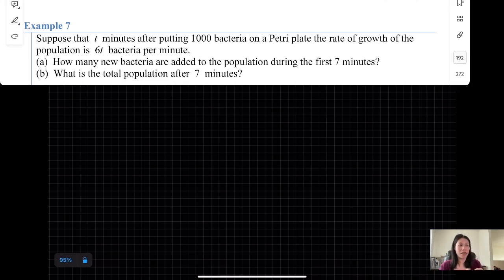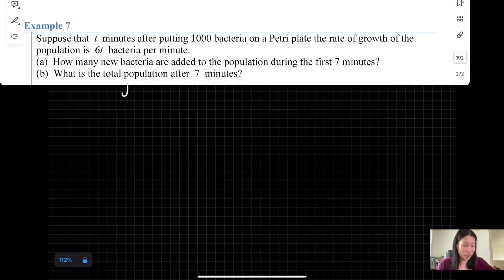Well, the number of new bacteria is the area under the rate of growth, the derivative of 6t, right? So that means we are finding the area from 0 to 7 of 6t dt, which, when we do the antiderivative, is equal to 3t squared from 0 to 7.